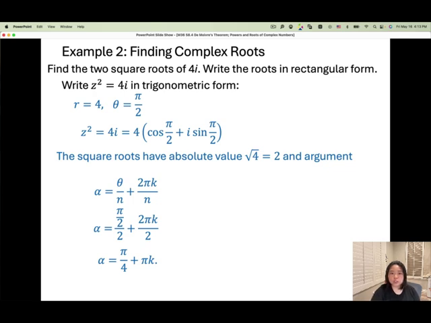We find out the general form of your alpha. Now, we're going to plug in what is your k equal to. Since your n is equal to 2, so k will be equal to 0, k equal to 1. That's a 2 of them.